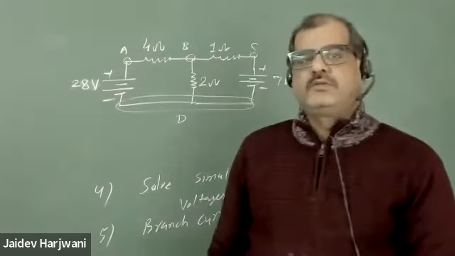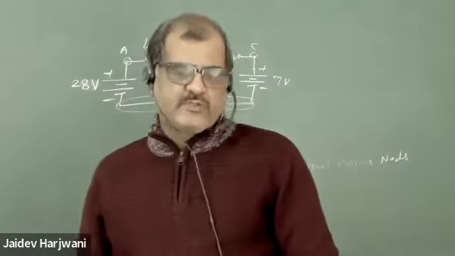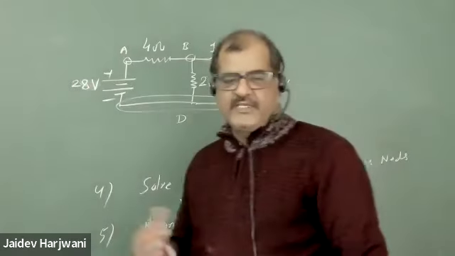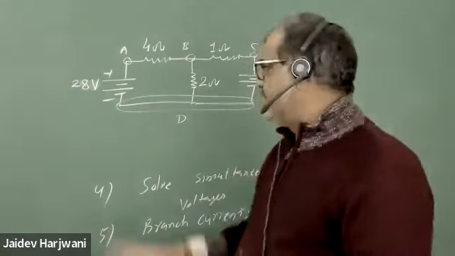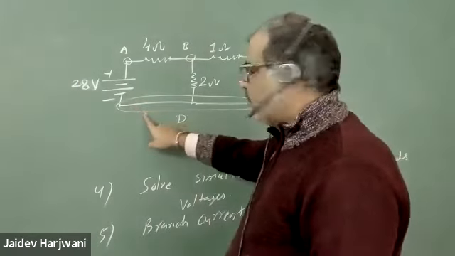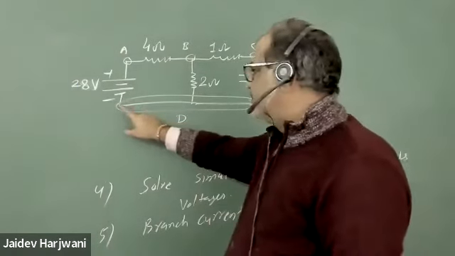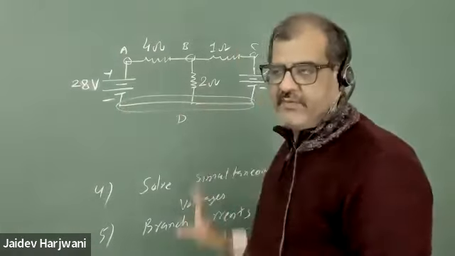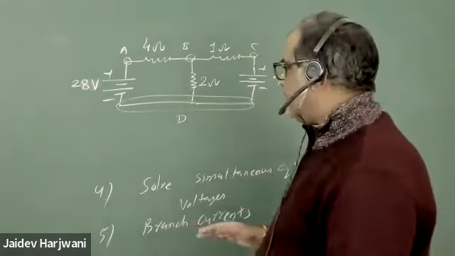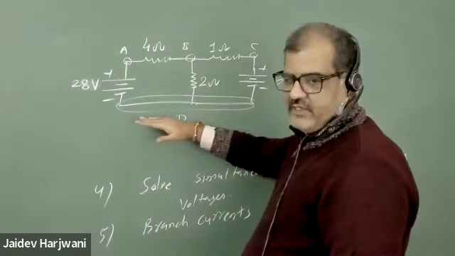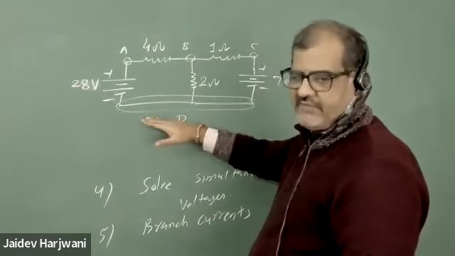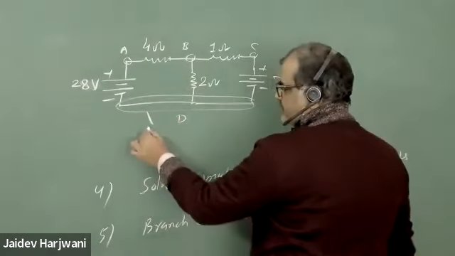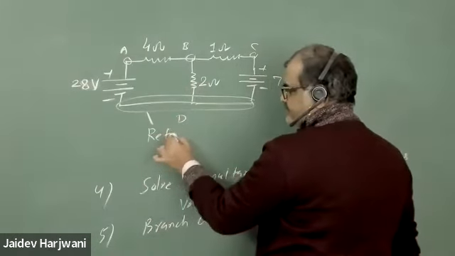In principle, you can choose any node as a reference node, but generally we will try to take the node which is covering the maximum number of terminals. Reference node means the node whose potential we assume to be 0.